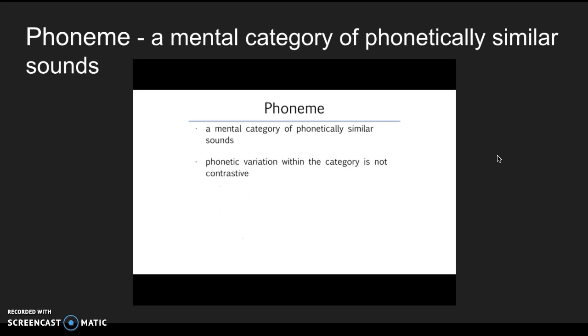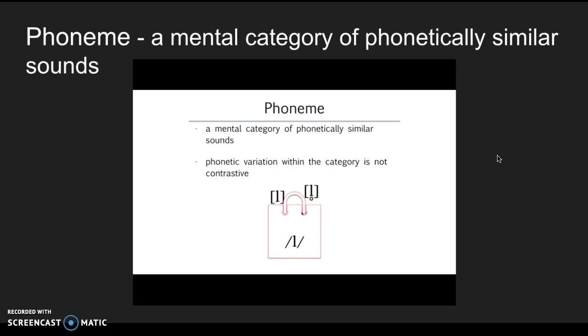If we look inside that shopping bag, inside the mental category, we might find some phonetic variation. But if the variation is not meaningful, not contrastive, our mental grammar does not treat those different segments as different phonemes. In English, we have a phonemic category for L. So whenever we hear the segment L, we store it in our memory as that phoneme. But voiceless L is not contrastive.